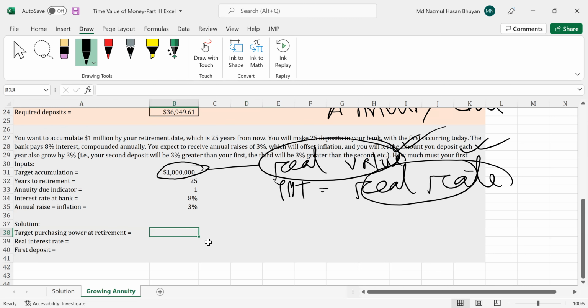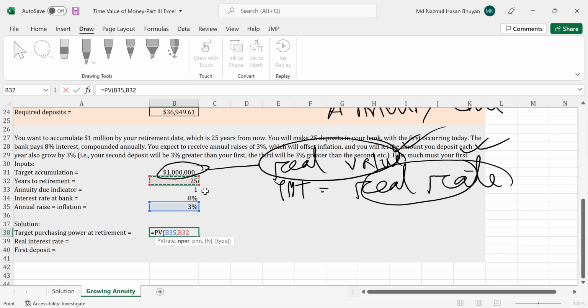First, let us calculate the real value of the target accumulation. So here the rate is 3%. This is the inflation rate. And NPER 25 years from now, no PMT.